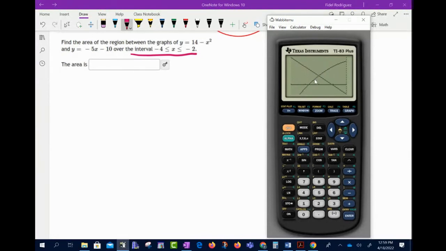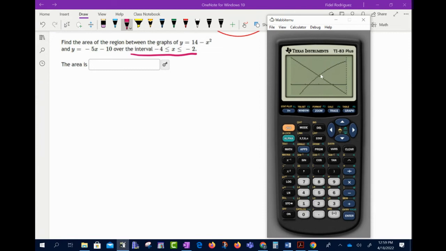If I'm integrating, suppose I was trying to find, I'm going to make this up, the area in this portion here, wouldn't this be my top function, the parabola, right?